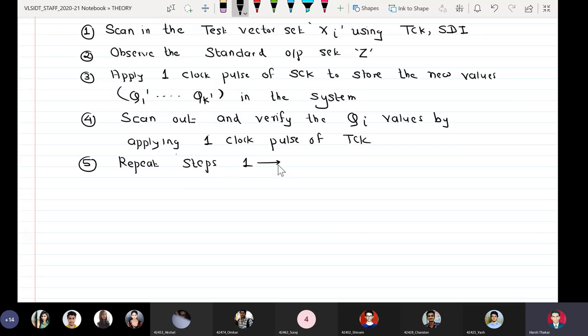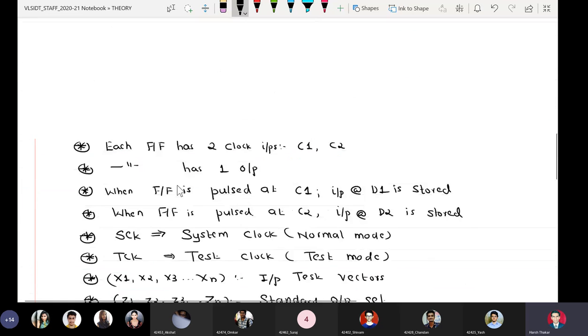Repeat steps 1 to 4 for each test vector. Okay, fine.